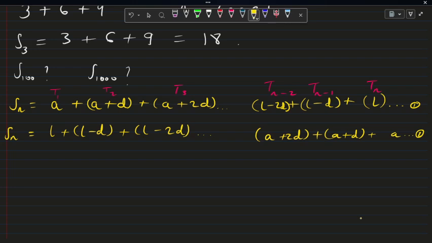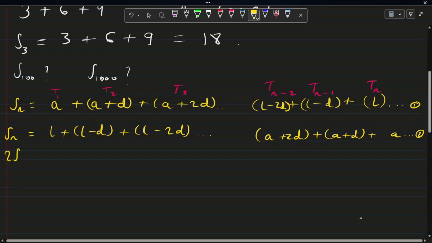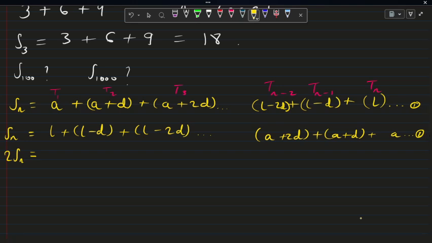Okay. And then what we will do now is add equation 1 and equation 2. So Sn plus Sn will give us 2Sn, and then A plus L will give us A plus L. Thus, this plus this will give us A plus L because positive D will cancel with negative D. Hopefully you can see that.